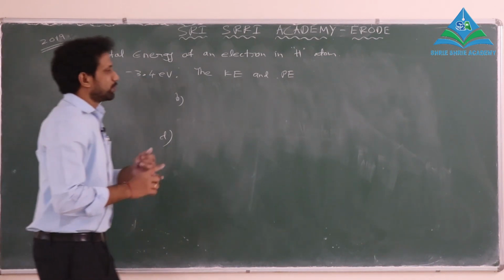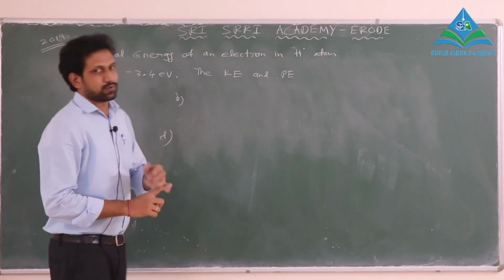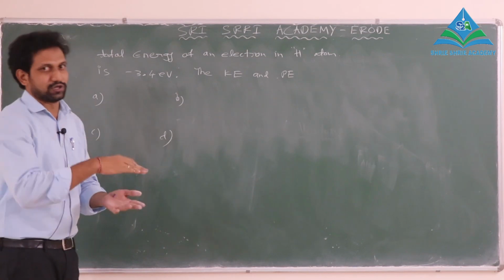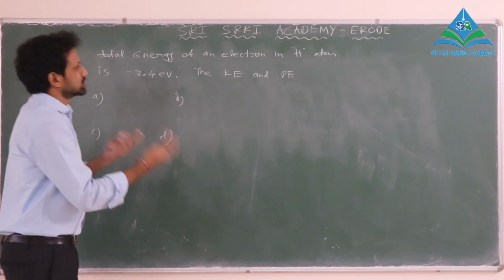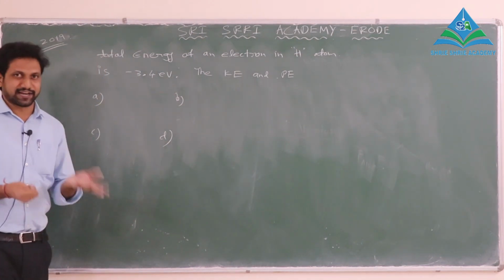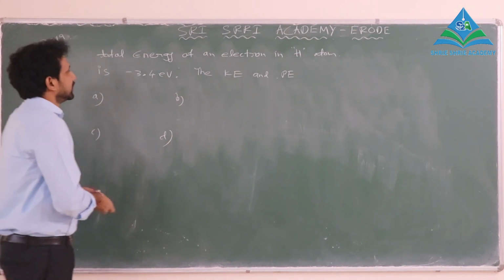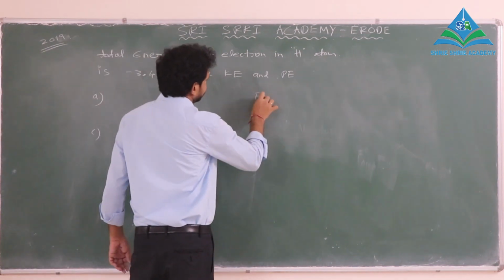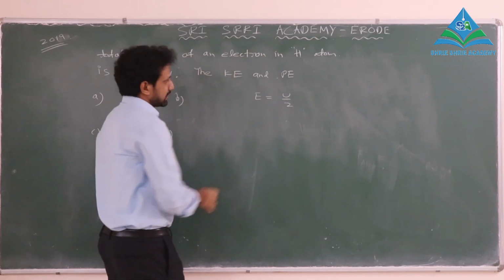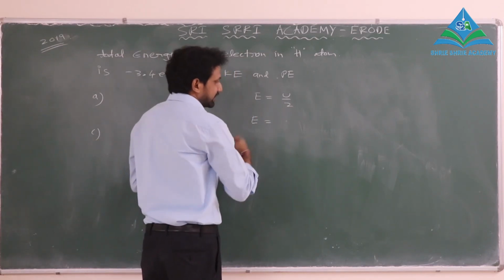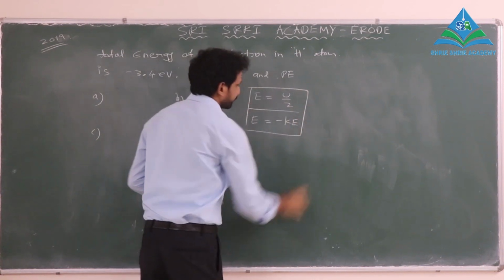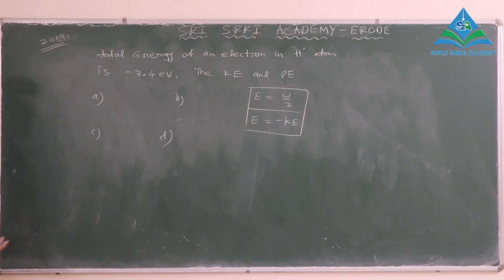Whenever a bound state is there, like an electron bound to the nucleus or atom, like all the objects are bound to the Earth's surface, the total energy becomes negative. In that situation, the total energy is exactly half of the potential energy, that is one point, and the total energy is exactly equal to negative of kinetic energy.